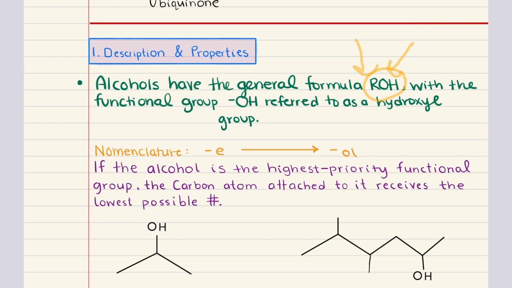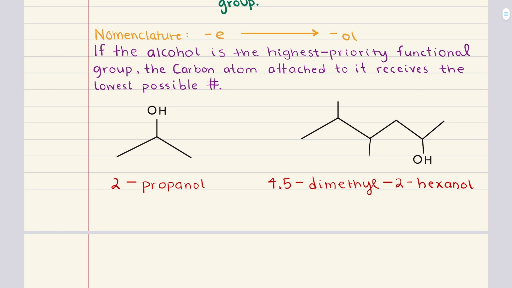When we're naming alcohols systematically using IUPAC nomenclature, the longest continuous carbon chain containing the hydroxyl group is chosen as the parent structure. Then the name of the corresponding alkane is modified by replacing the E ending with OL to indicate the presence of an alcohol.